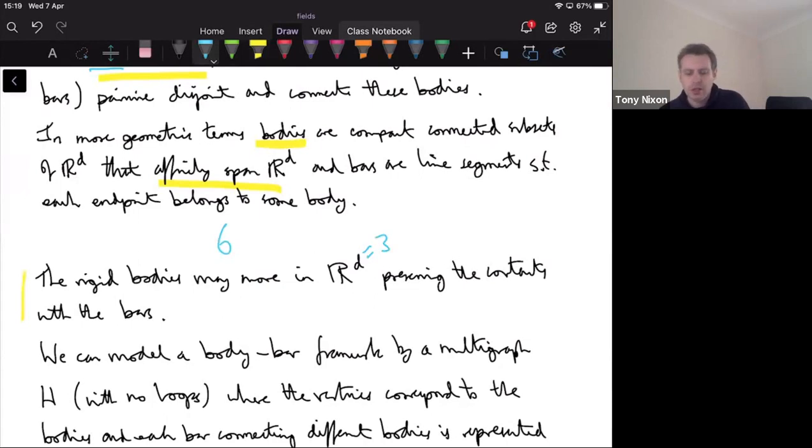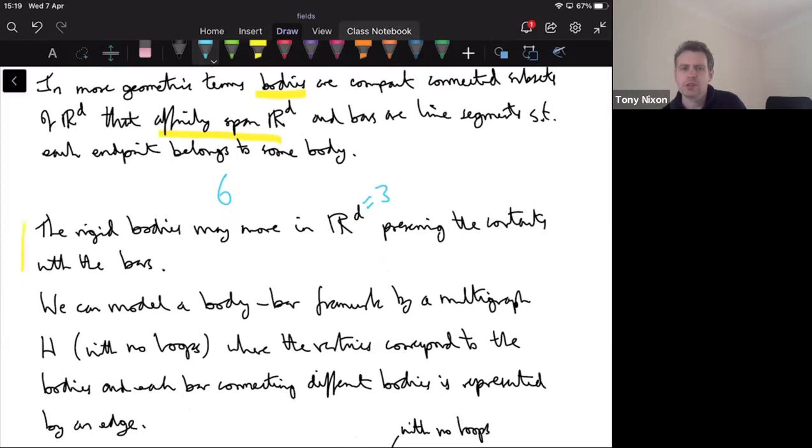And then the bars in contact with that body will restrict these degrees of freedom of the whole structure down to only being the translations and rotations, and that will be what we think of as rigid. So it's really the same problem, just we have this special case.